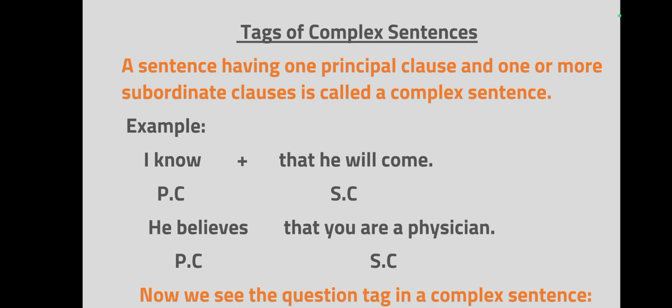Here, the first part, he believes, is the principal clause or main clause, and the second part, that you are a physician, is the subordinate clause, because this part depends on the first part. Now, we see the question tag in a complex sentence.